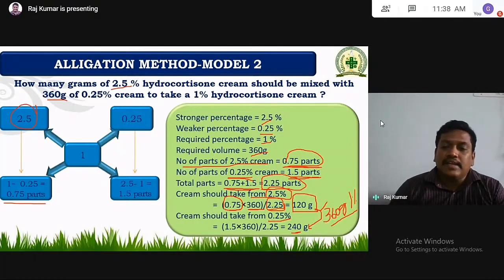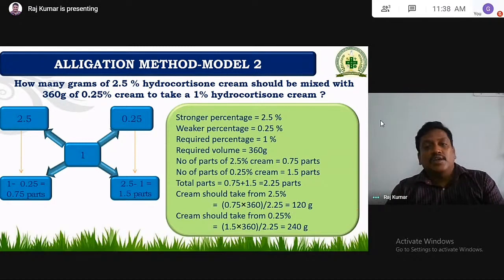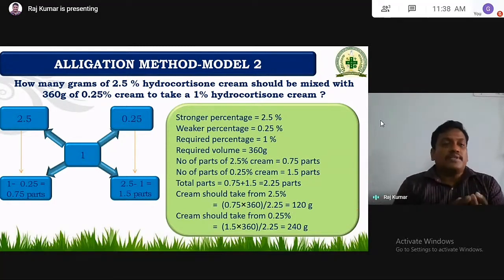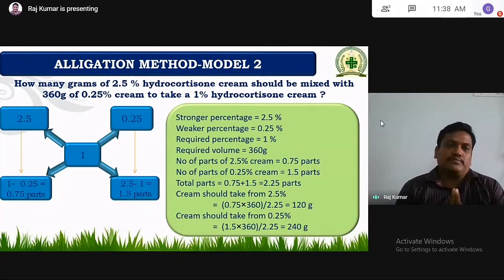important in calculating dilutions in pharmaceutical industries. If you want to prepare 1% or 0.05% solutions of HPLC solvents, then you should know all these calculations, must and should.